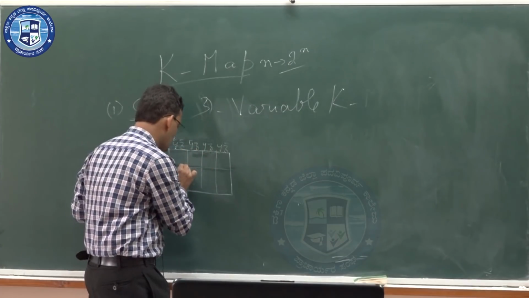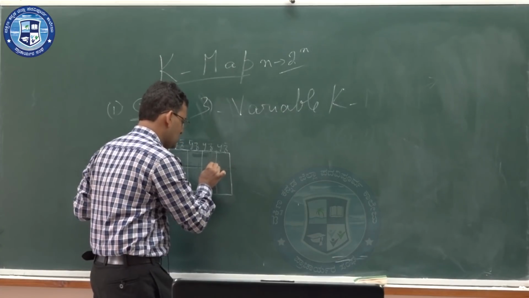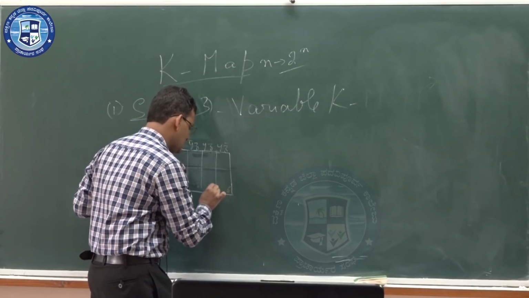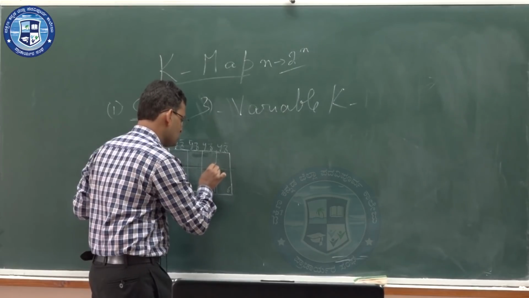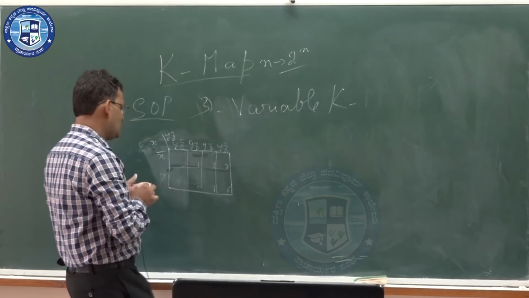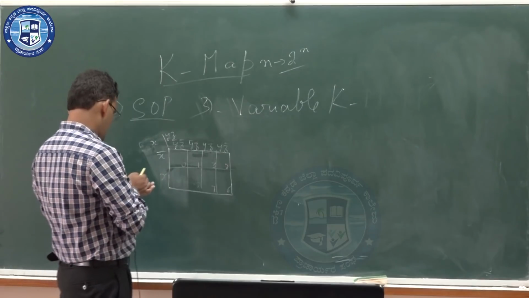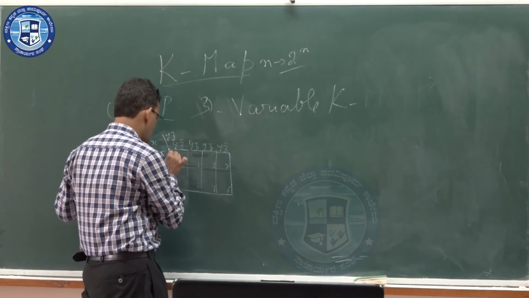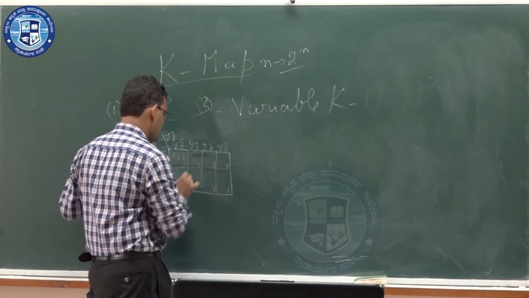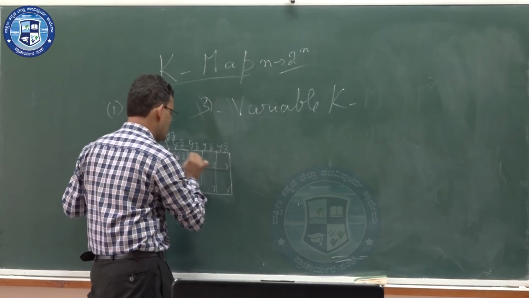So, here it is 0, 1, 2, 3, 4, 5, 6, 7. Now, to write the combination here: x bar y bar z bar, x bar y bar z.